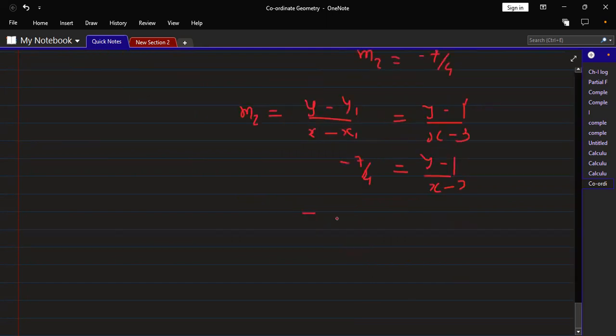So it will be minus 7x plus 21 equals to 4y minus 4.